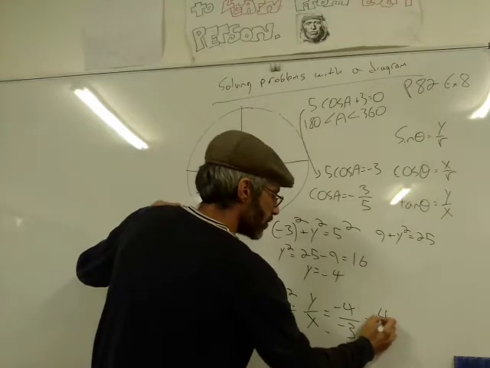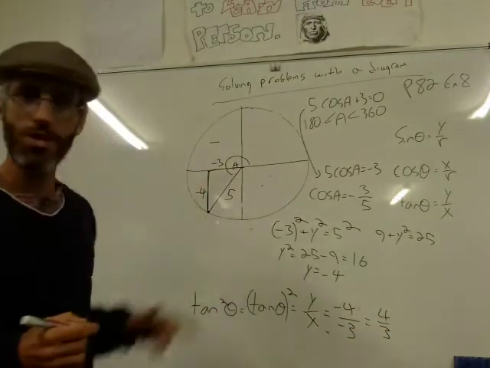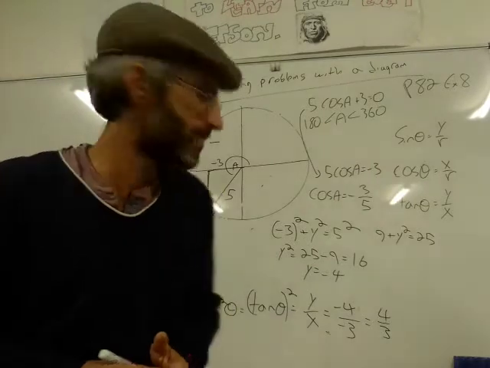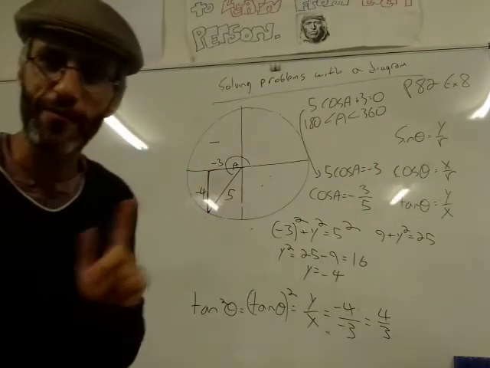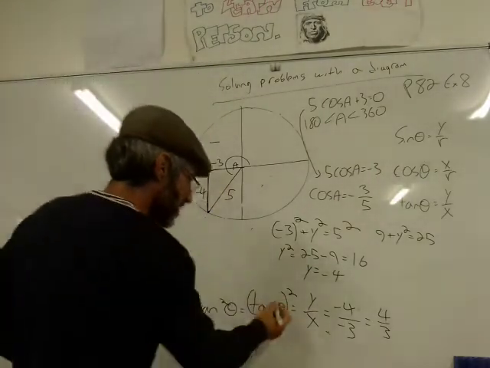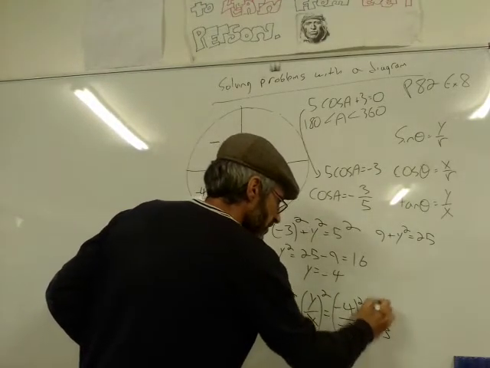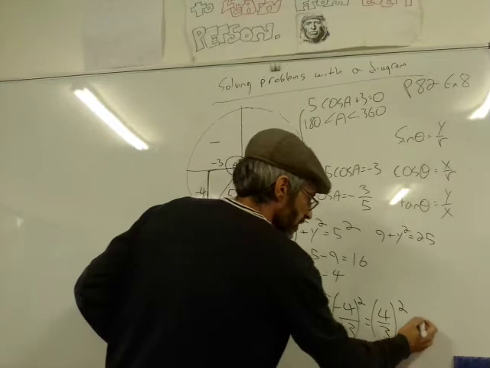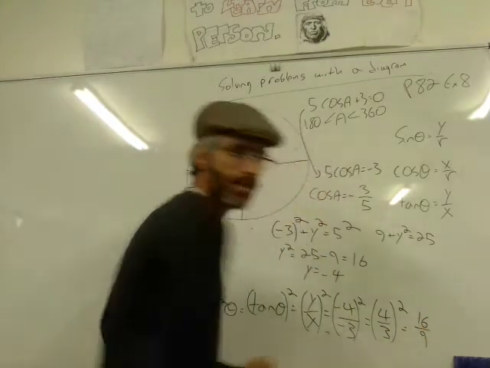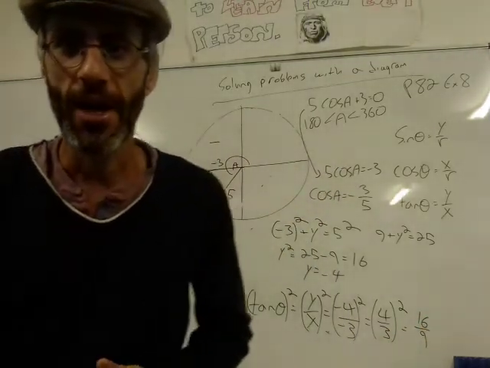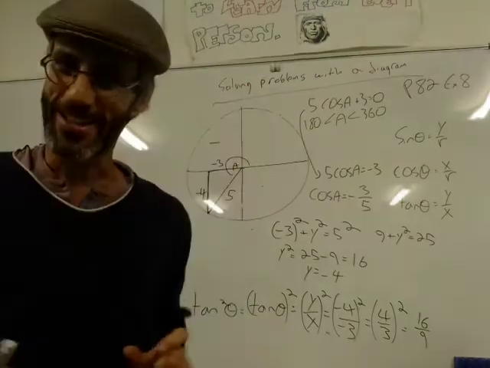And the answer is positive 4 over 3. And tan we know should be positive here. Okay? Only thing is I forgot to square it, isn't it? So I need to square the y over x. Square that. Okay? And we get 16 over 9. That's the answer. Okay? All right.